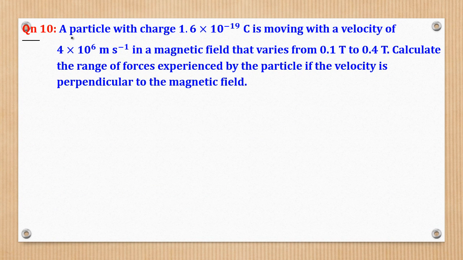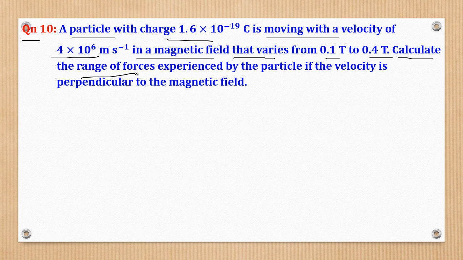Question 10. A particle with charge this is moving with a velocity of 4 exponent 6 meters per second in a magnetic field that varies from 0.1 Tesla to 0.4 Tesla.